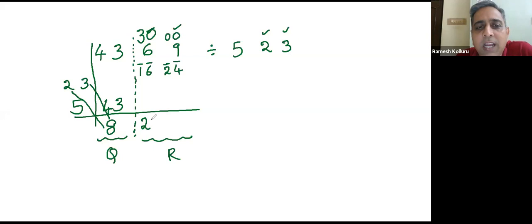Out of 20, if it is a 2-digit number, we retain the tens place and pass the units place, just like the previous way that we are doing. And then here minus 2 is there. 9 minus 4 is 5. 0 minus 2 is minus 2.